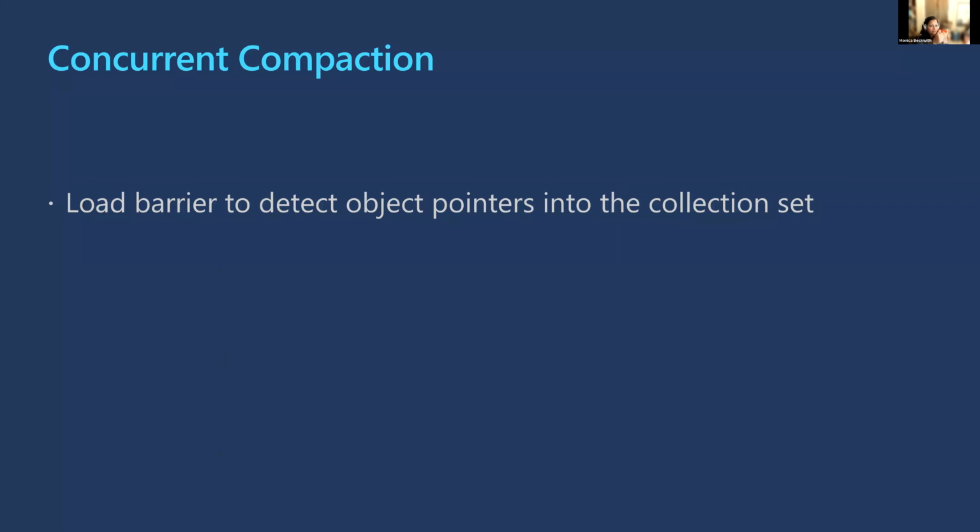So we check if it's in the collection set, which means we're going to move it, and we check if the application needs it. If the application needs it, then guess what? Let the application do the work. That's called self-healing. And then, as an optimization, how do we find out where this reference, this pointer, should move to?